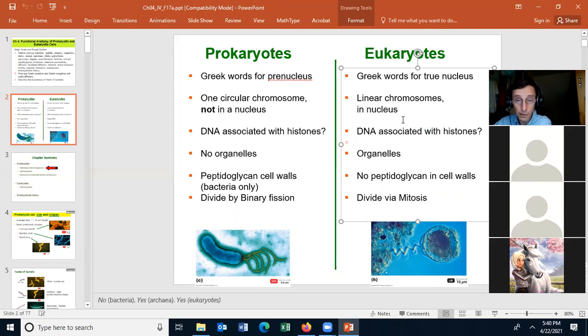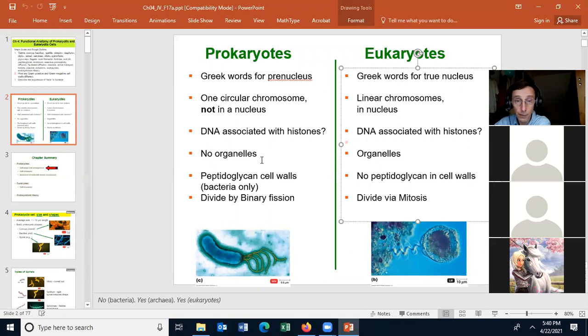And actually, when we look at chromosomes of eukaryotes, we find that they're made up of both DNA and proteins, and the major protein is histone. Any question about that? If you don't know, the DNA of eukaryotes wraps around the histone protein. And that protein is not found in prokaryotes.